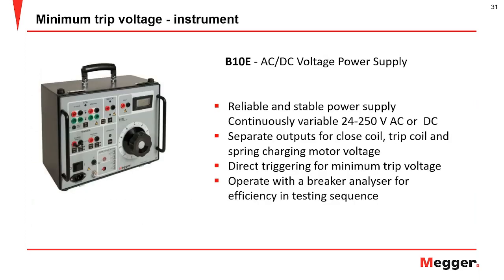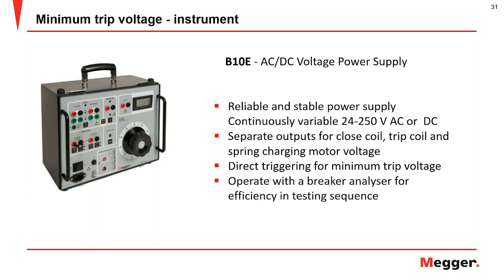As instruments we supply, we have an AC/DC voltage power supply B10E, which is an extremely reliable and stable power supply for circuit breaker testing. This mains power can provide continuously variable voltages between 24 and 250 volts.